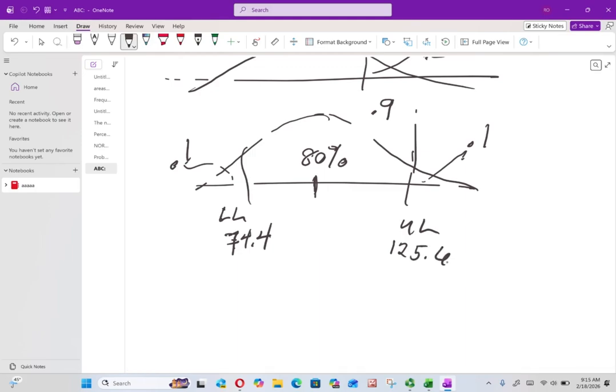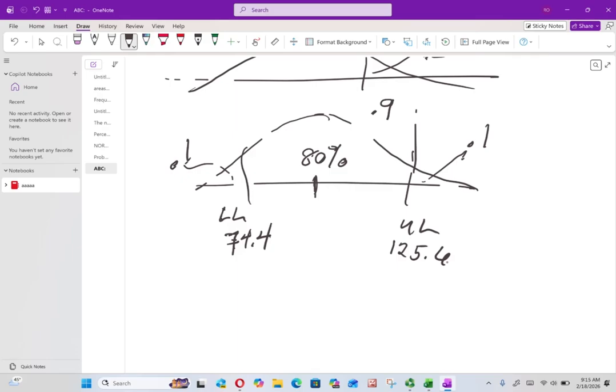That cuts off 80% in the middle. The bets in statistics are basically symmetric. So that I want to know what's the chance that it's less than 74 and greater than 125, or the probability that it's between those two things.